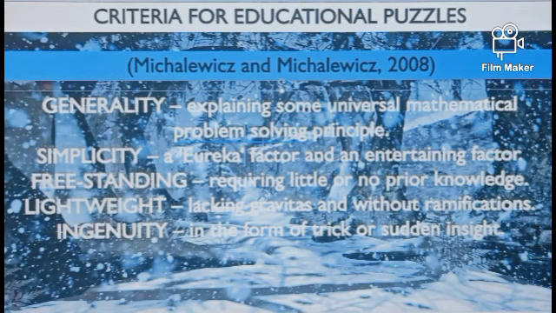These are the attributes or the criteria that may be used to determine if a problem represents an educational puzzle. Puzzles have the property of generality, simplicity, freestanding, being lightweight, and ingenuity.